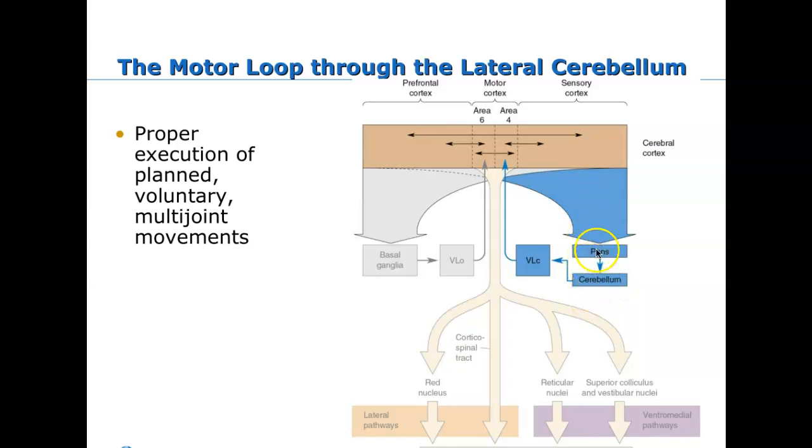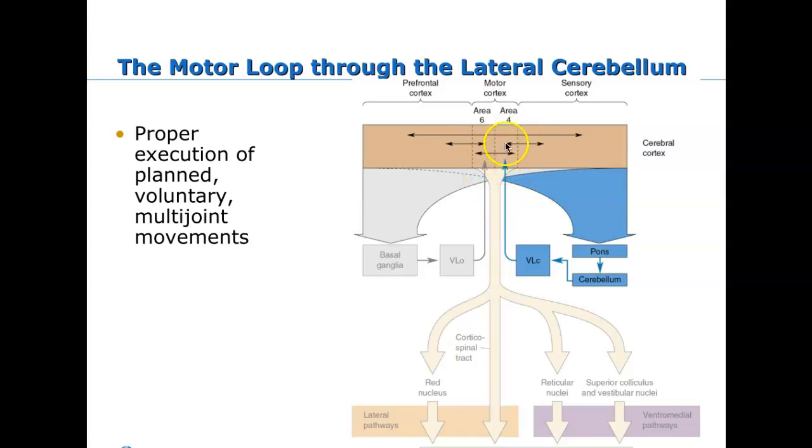So there are these powerful axonal tracts that go into the cerebellum, and then from the cerebellum, it's going to feed back into the thalamus through a second thalamic nucleus called VLC, okay, unlike the VLO. And what is important here, this feedback loop is going to feed right into motor cortex M1 into area 4.